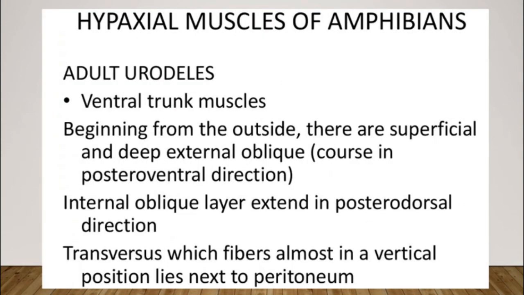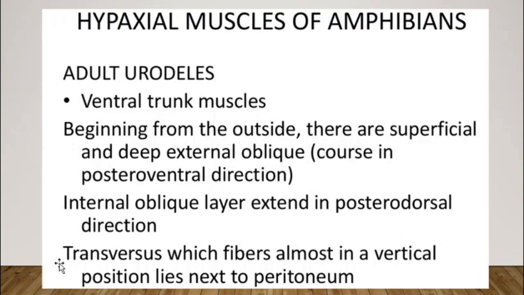Next, the hypaxial muscle of amphibians. In adult urodels, the ventral trunk muscles, beginning from the outside, there's a superficial and deep external oblique that runs in a posterior ventral direction. So, the development of oblique muscles, and internal oblique. When you say internal oblique and external oblique, usually found near the abdomen.